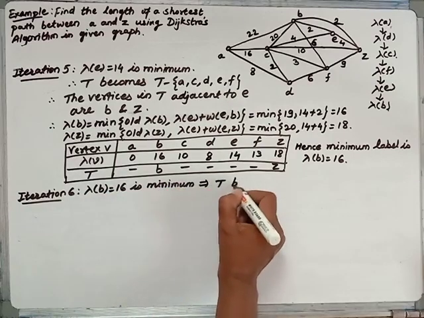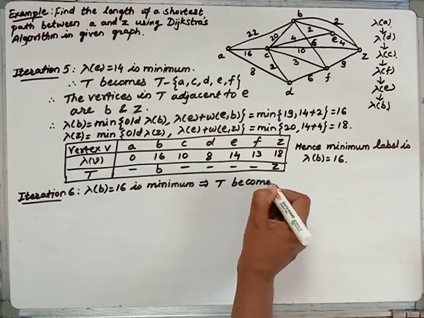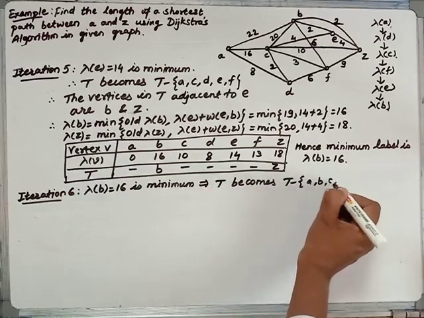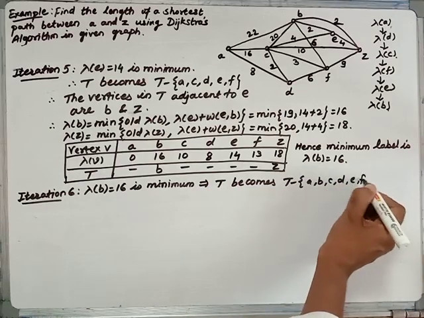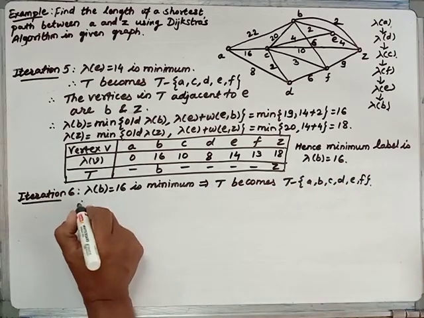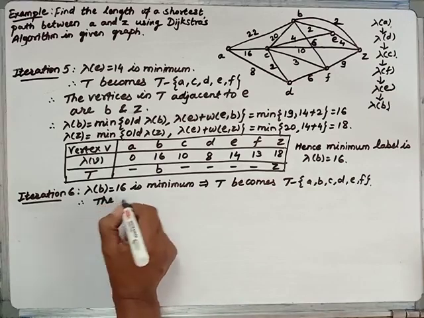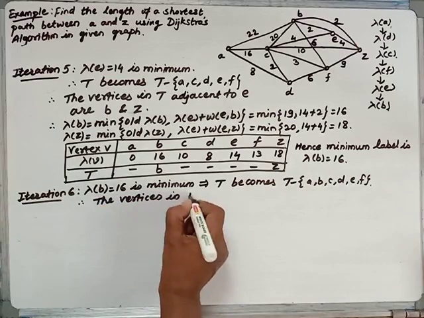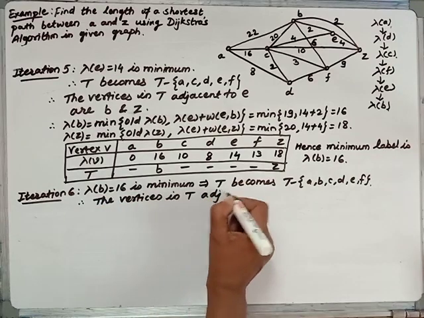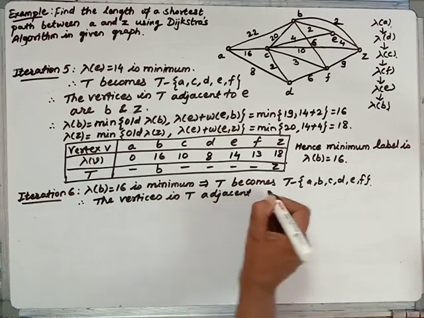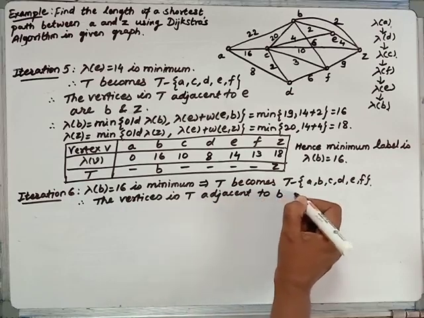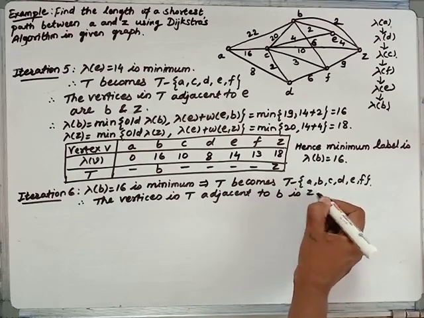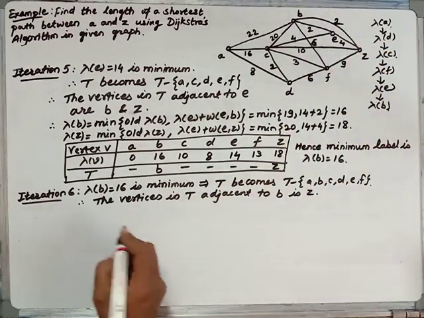Implies T becomes T minus A, B, C, D, E, F. Okay. Therefore, the vertices in T adjacent to B is simply Z. B to Z there is an edge, right?